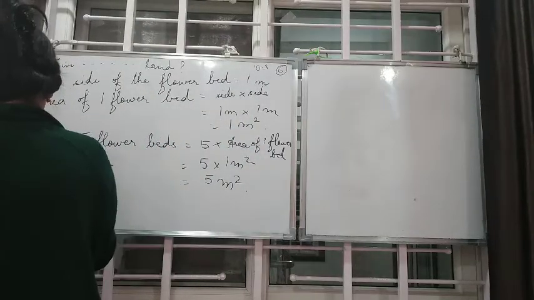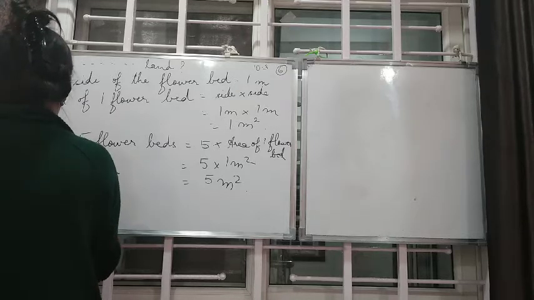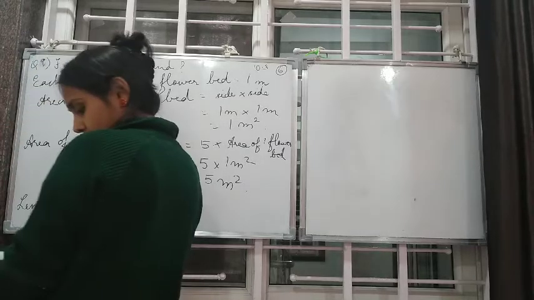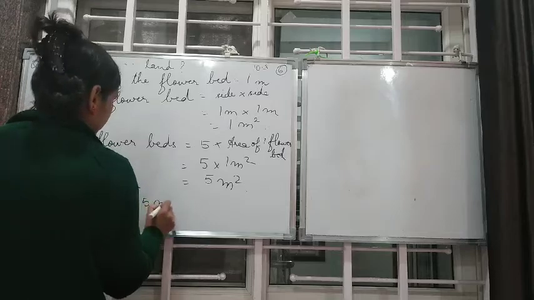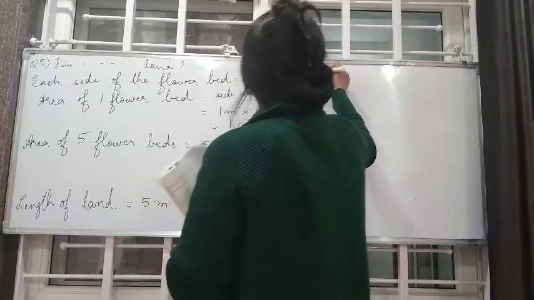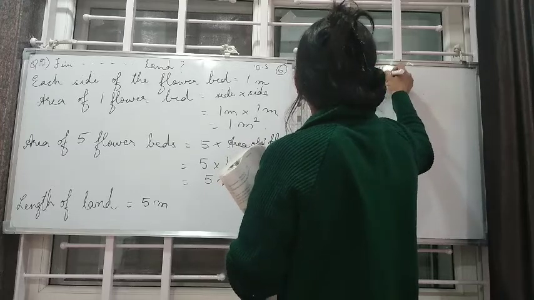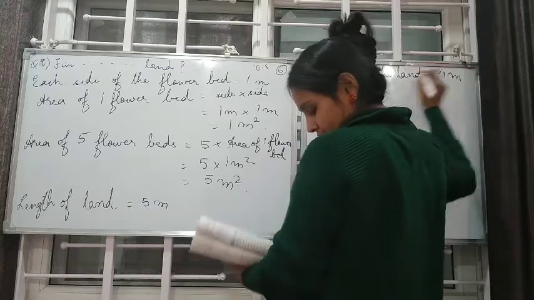Okay. So length of the land, how much? 5 meter. Breadth of the land, four meter.